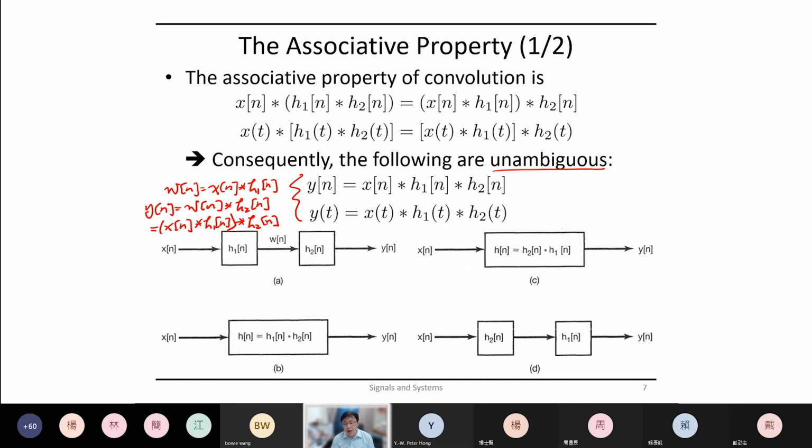So if you have a system that is the cascade of two subsystems, then the overall impulse response is just the convolution of these two subsystems.